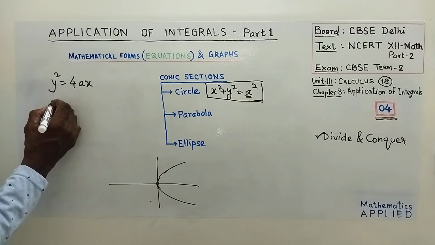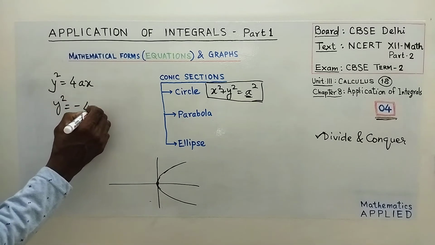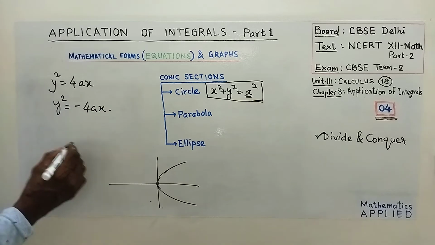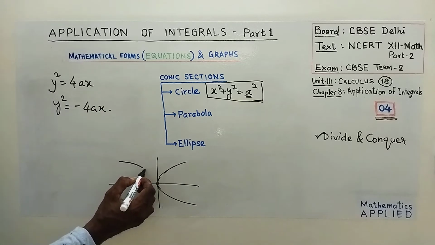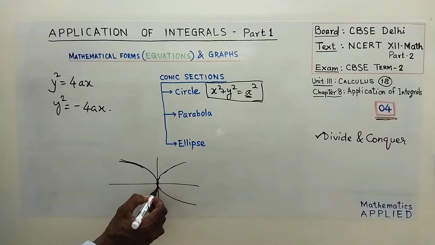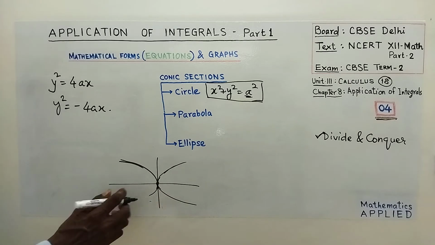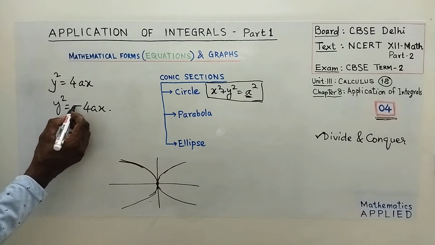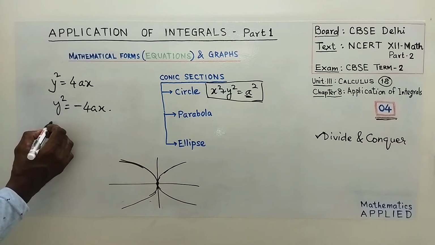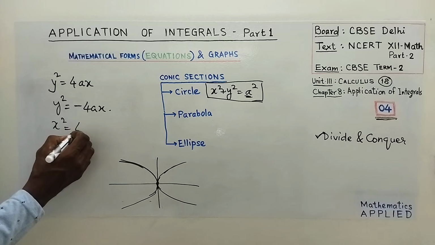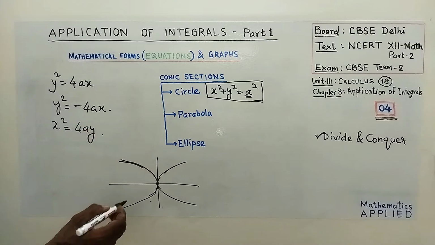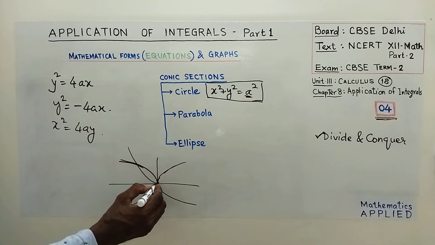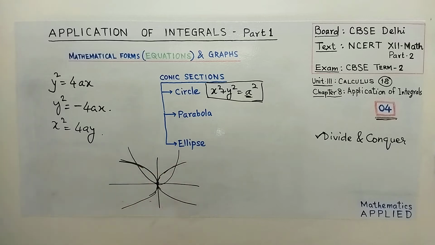Then y square equals minus 4ax. This is another parabola which, by common sense, we understand is going to be open on the left side. Then x square equals 4ay. How is that parabola going to be? It's going to be like this.